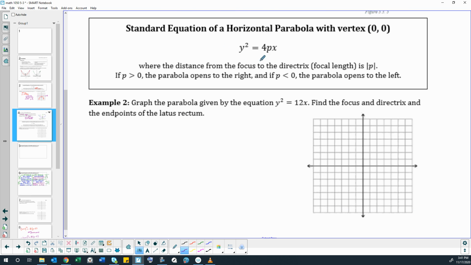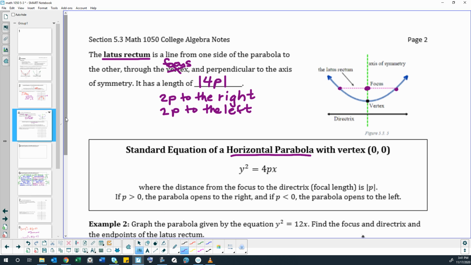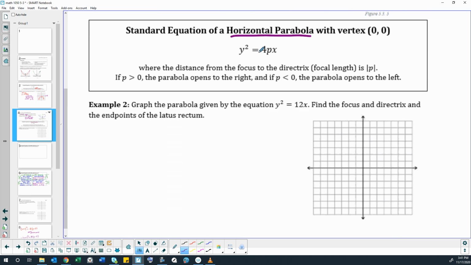Okay, so now what has changed from the horizontal equation that we had in the vertical equation? If you can't tell offhand, let's look at it again. So we have x squared equals 4py. That one's a vertical. And now we have y squared equals 4px. This one's horizontal. So notice that the square has switched variables. So when the y is squared, our parabola will go sideways. And when the x is squared, our parabola will be up or down.